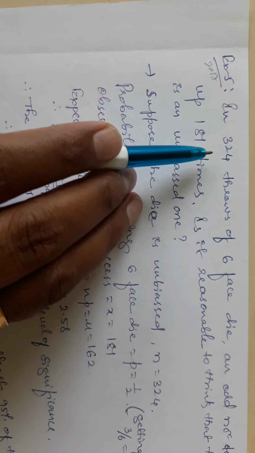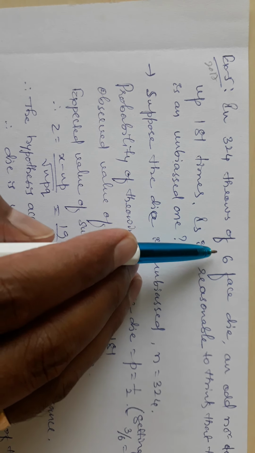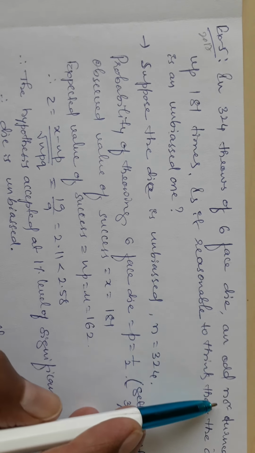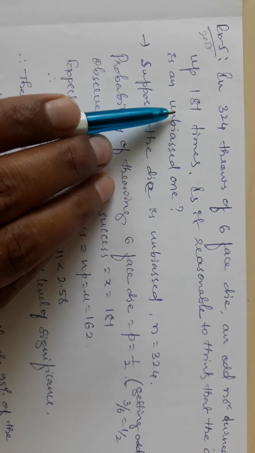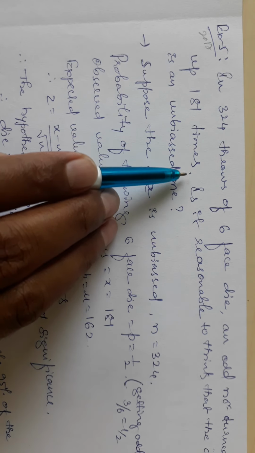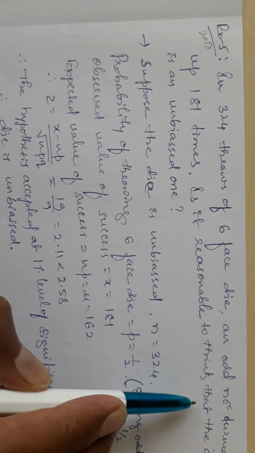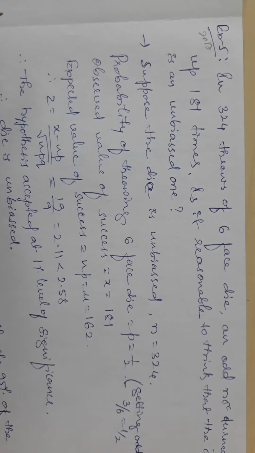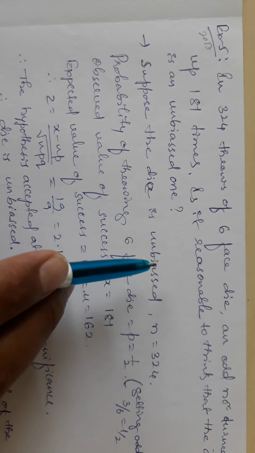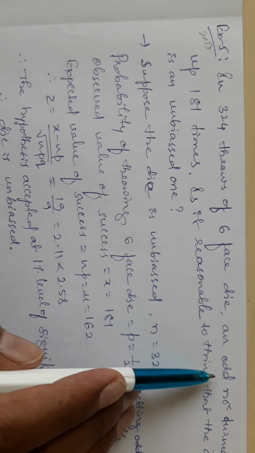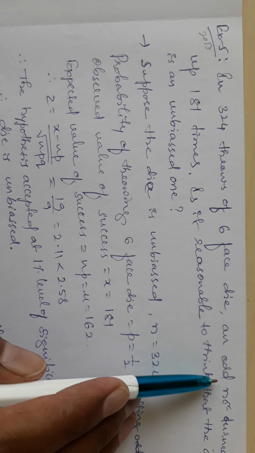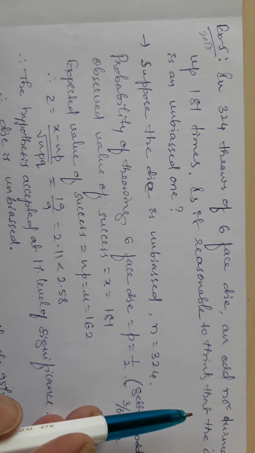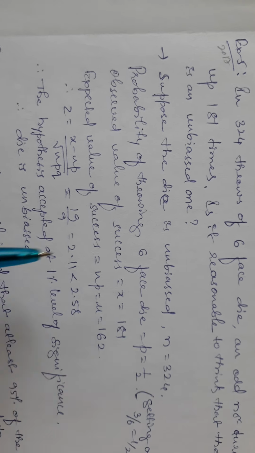In 324 throws of a 6-face die, an odd number turned up 181 times. Is it reasonable to think that the die is an unbiased one? This is also similar to the last example, but here the success is an odd number turning up, therefore 3 numbers: 1, 3, 5.